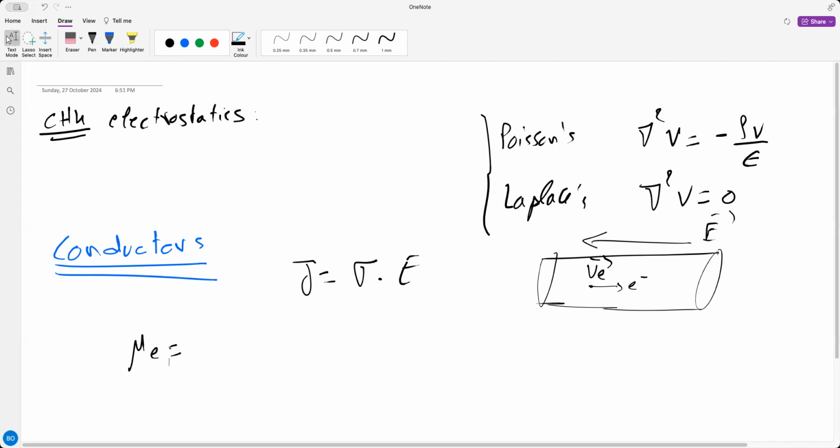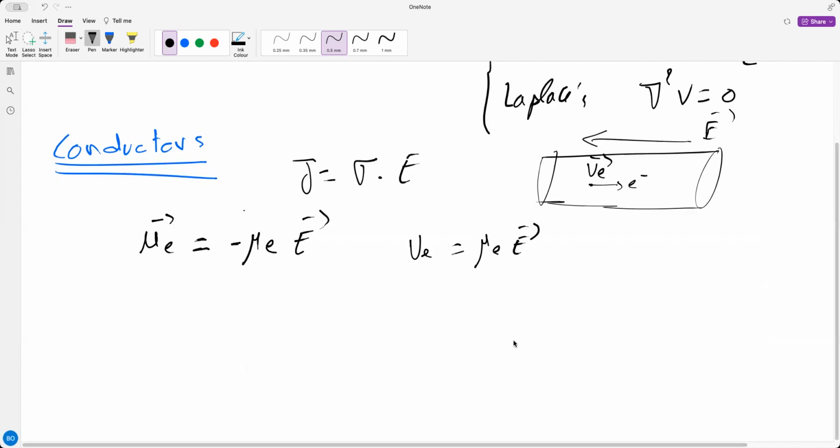So the drift velocity is equal to minus the mobility times the electric field, with a minus sign because the mobility is a positive constant and the drift velocity of the electrons is always in the opposite direction of the electric field. Or you can go to the magnitude.